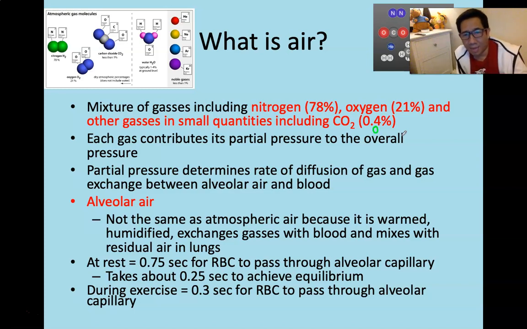We live on a planet with lots of nitrogen, and 21% of the air is oxygen. We breathe in about 21% oxygen, and we breathe out approximately, depending on the person, 16 to 18%. So we use about 2 to 3%. We keep that in our body, but we breathe a lot out as well.